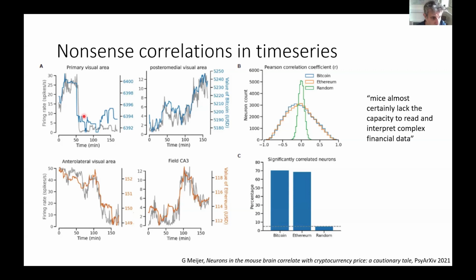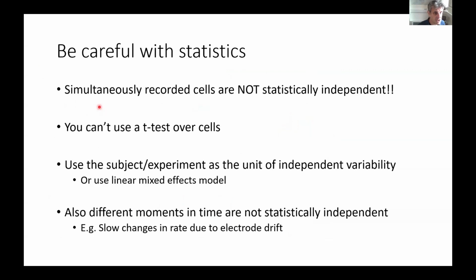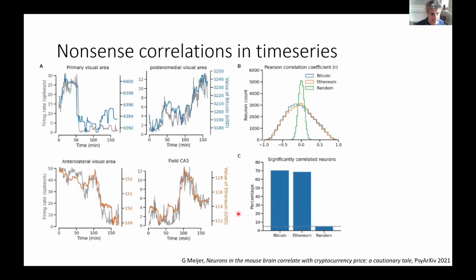The reason this is not valid is that it assumes independence between moments in time. You don't have that independence because there are slow changes in rate, and things like the t-test, or the F-test for correlation, assume that you have independence of samples.